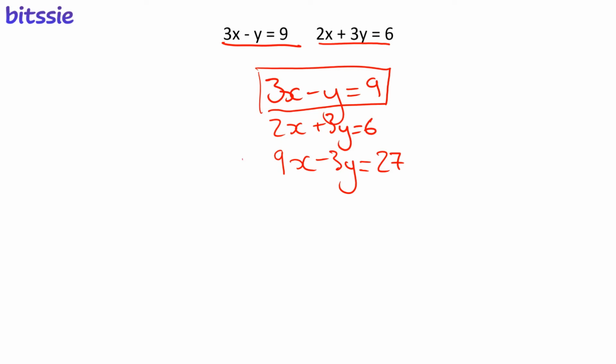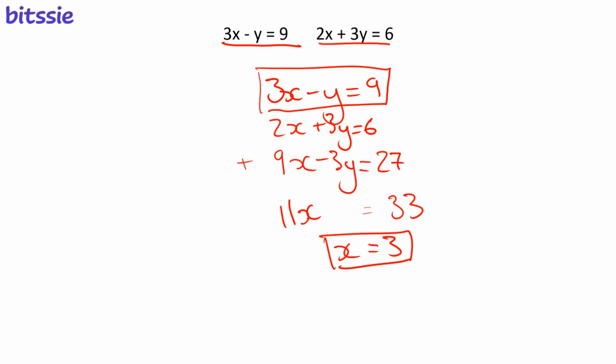And then we can just add these two equations together, giving us 11x minus 3y plus 3y, giving us 0, is equal to 33. Hence, x is equal to 3.